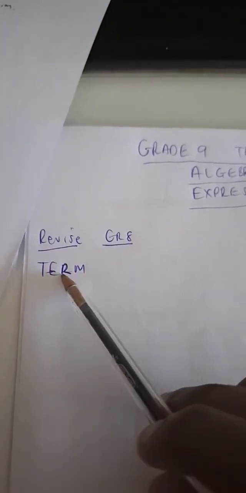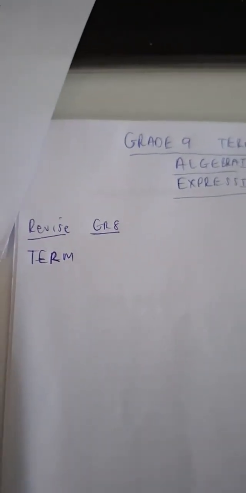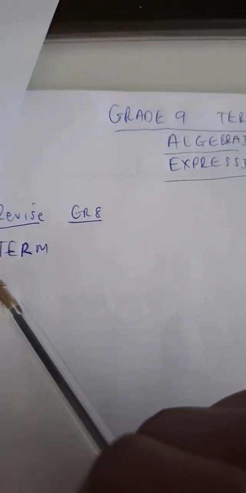We are going into a new term, and even in school we talk about terms: term 1, term 2, term 3, term 4, which is a full year of academic activity. Then also for algebraic expressions, we use this word term. So we need to understand what this word means. Term in algebra means the following.